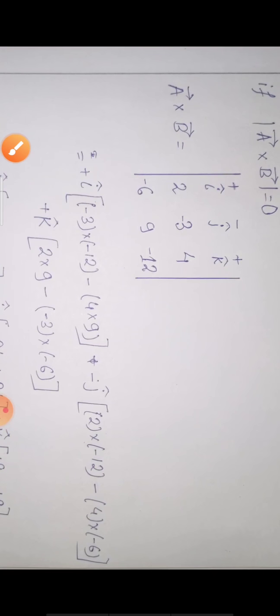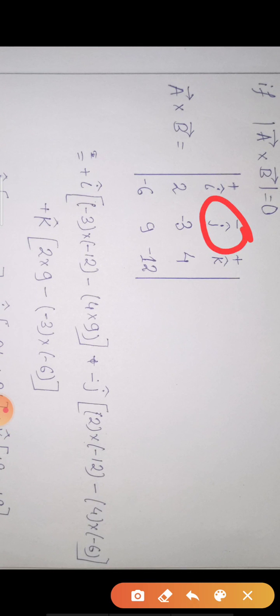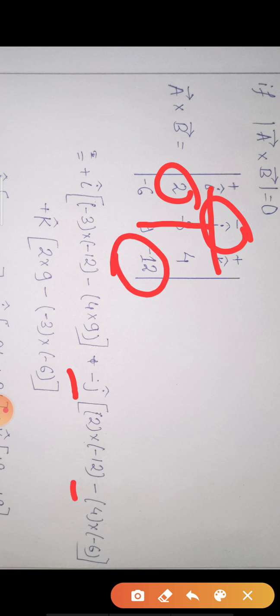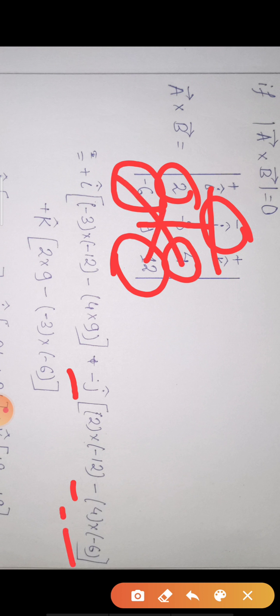Now the second term. j hat is always negative, so minus j hat into, and again remove all the terms which lie in the j hat column and j hat row. Top left is 2 into bottom right is minus 12, minus top right 4 into bottom left minus 6.